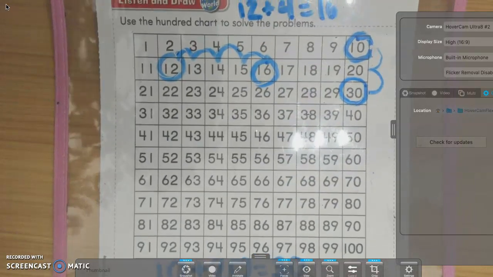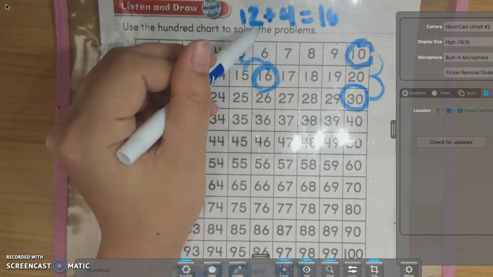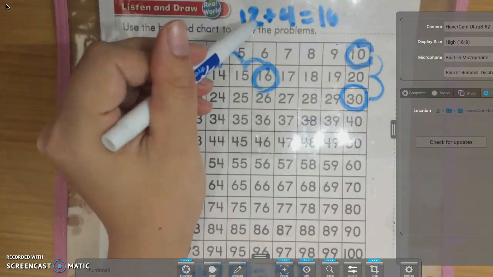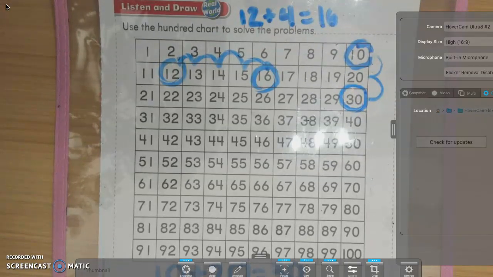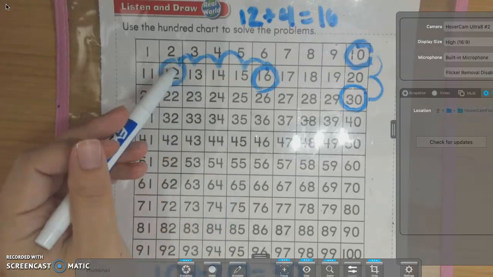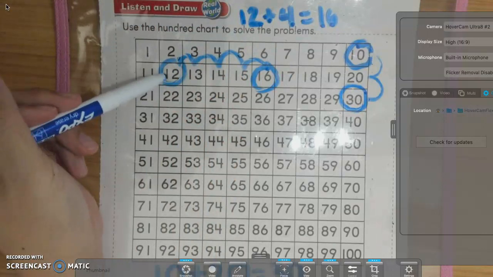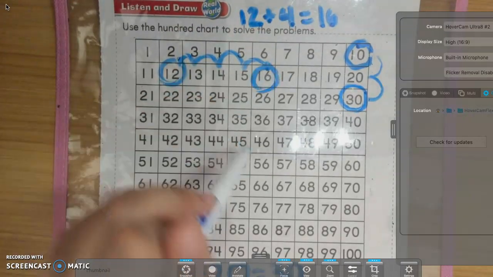So one thing that I wanted to talk about, a question that I have for you guys, is when you add ones to a number, what place changes? Is it the tens or the ones place that changes? Take a couple seconds to think about that. Oh, maybe you're saying the ones, right? Because we see in 12, there's 1 ten and 2 ones, and then in 16, there's 1 ten and 6 ones.